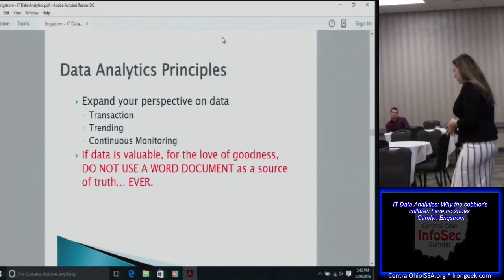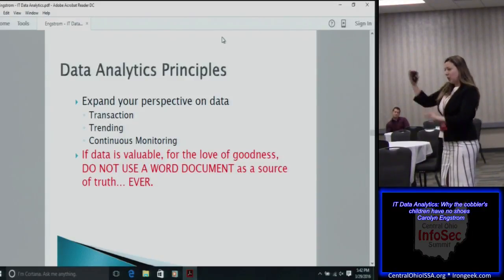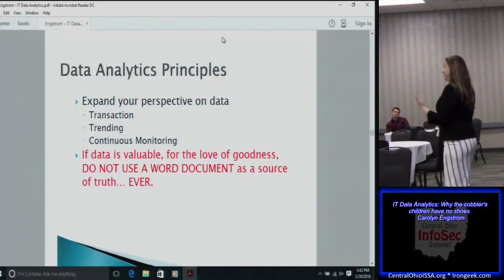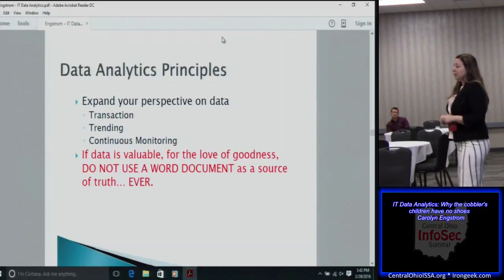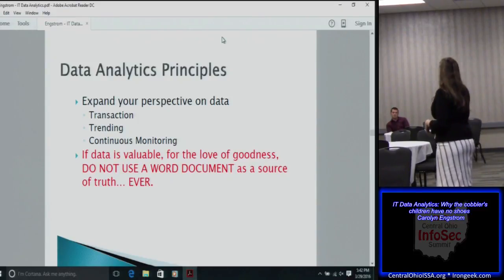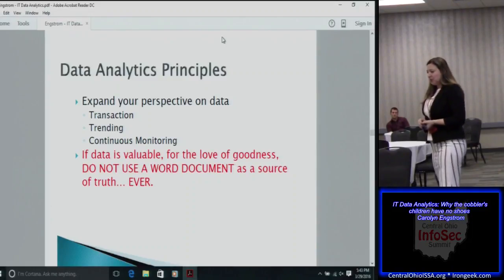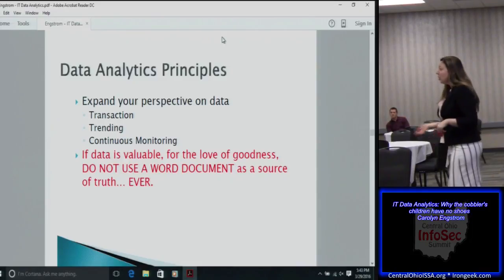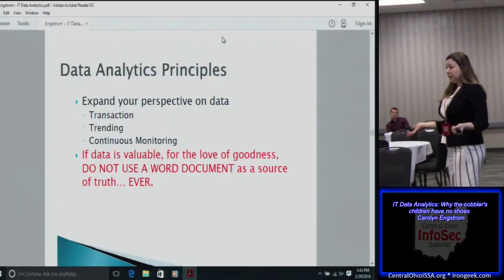And furthermore, I actually had a bullet point on here, and I took it off. If you are attaching Word documents, like a Word form, to a ticket in your help desk system, it's usually a root cause of a control failure. It means that you're not collecting the data that's needed to approve that help desk ticket, and I'll give you an example. At Central Energy, we had a project where if we need to provide confidential information to our third parties through a vendor risk assessment program, we ask our vendors a lot of questions before we'll release that data to them.